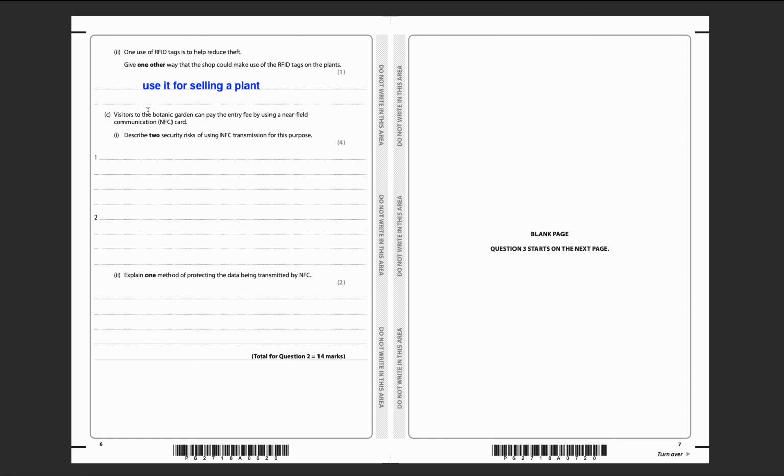Okay, so question C is: visitors to the botanic garden can pay the entry fee by using a near field communication card. So this one is NFC. NFC is similar to RFID, but it has a shorter range compared to RFID, because NFC is most of the time used for payment or security purposes.